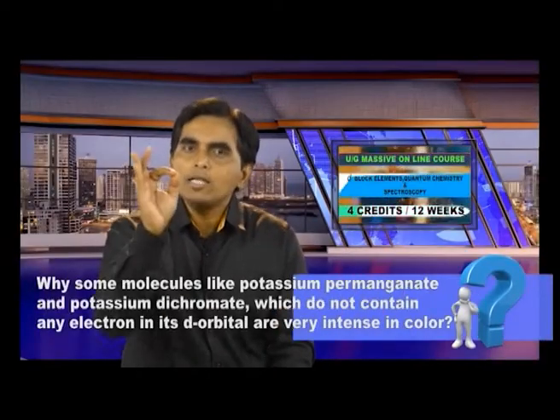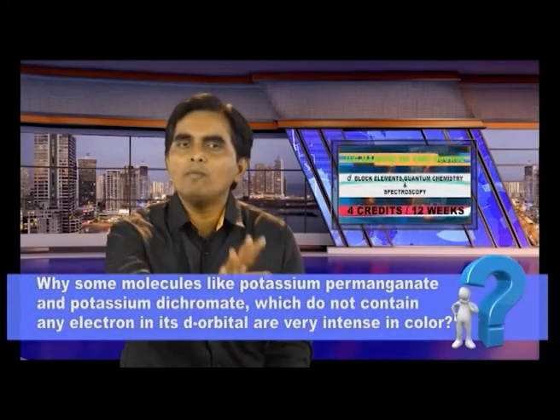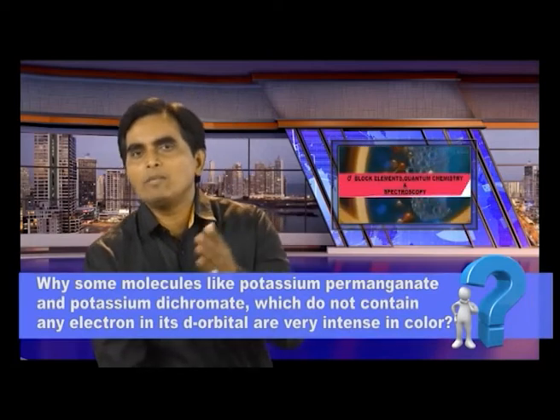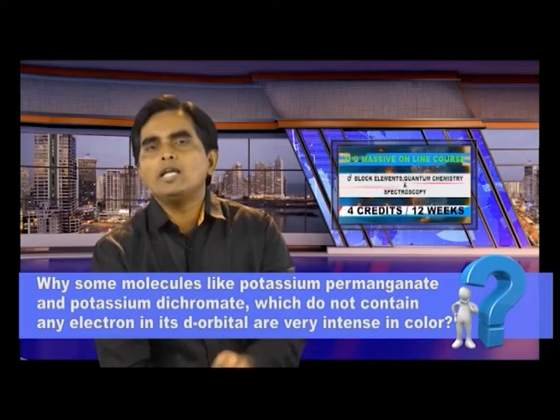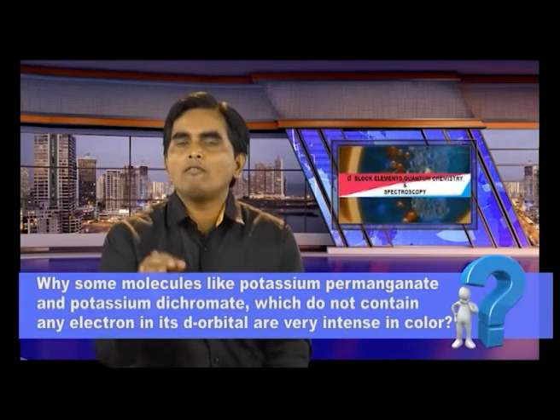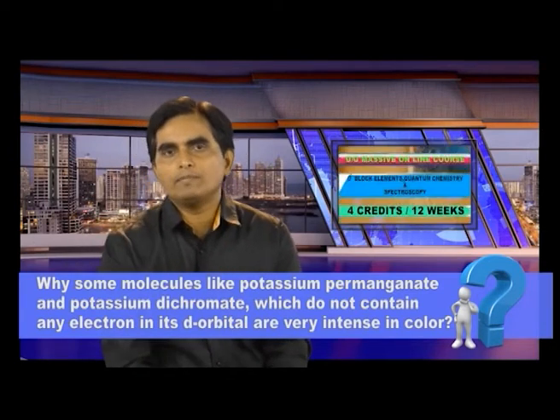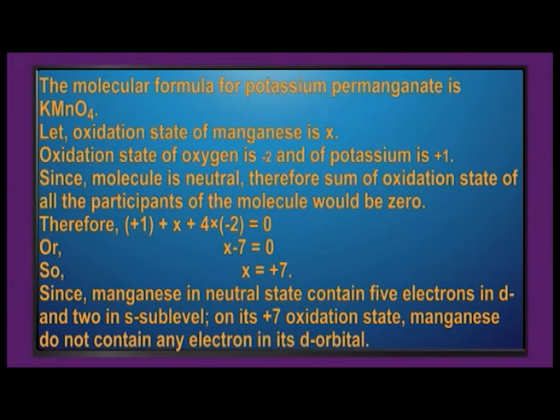So, why do some molecules like potassium permanganate and potassium dichromate, which do not contain any electron in the d orbital, show very intense color? The molecular formula for potassium permanganate is KMnO4.